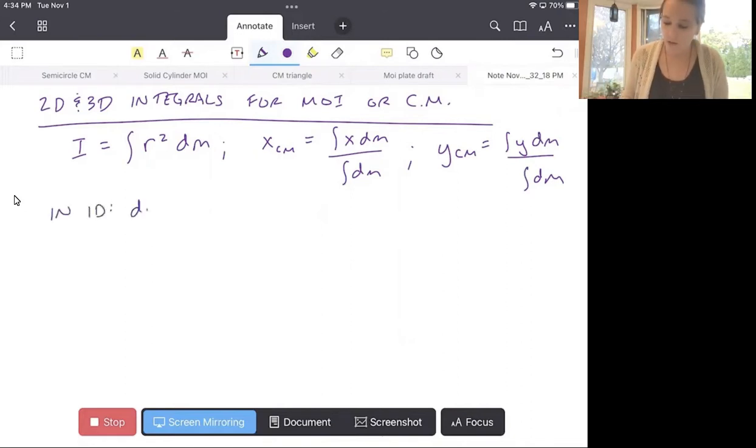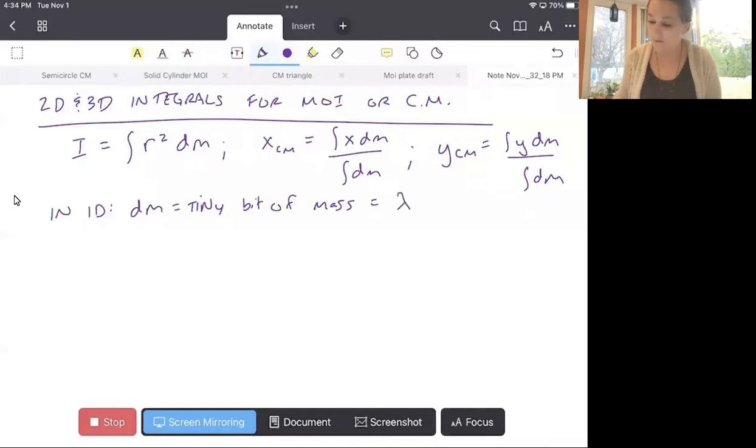can be written in terms of a length by using a density function, a linear mass density lambda, times some length of your tiny mass dm. This is the length of your tiny mass.